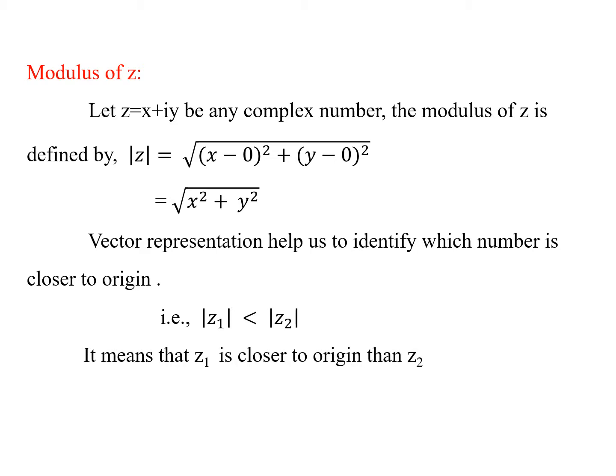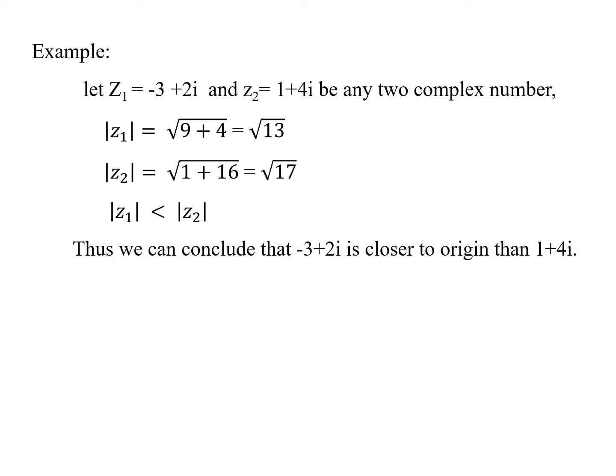Similarly, if mod z1 is less than mod z2, it means that z1 is closer to the origin than z2. For example, let z1 equal to minus 3 plus 2i and z2 equal to 1 plus 4i be any two complex numbers.